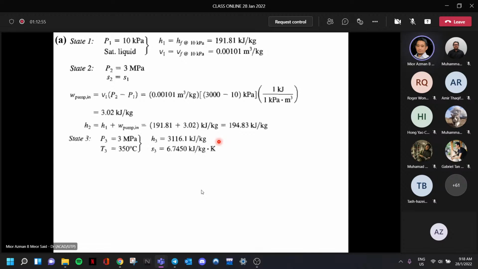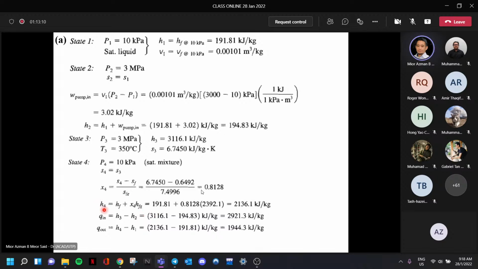Now we solve for H3 and H4, right? This is the same method that we used in the previous example. It's nothing new. I mean, you have seen this approach in your Thermodynamics 1, right?